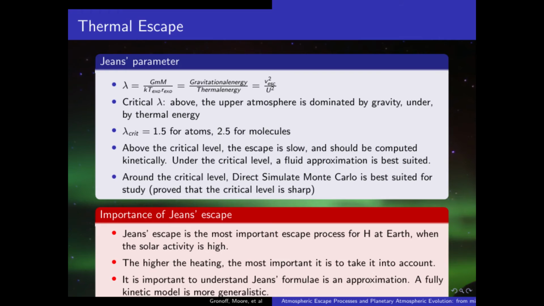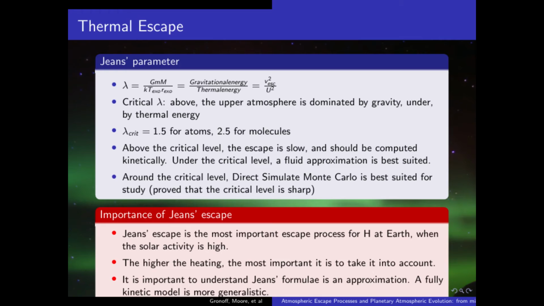There's an important parameter that allows us to see if we are in a Jeans escape or in hydrodynamic escape, and it's the Jeans parameter. That critical parameter is basically the ratio of the gravitational energy to the thermal energy. If we are above that parameter, the atmosphere is dominated by gravity and it's in slow escape.